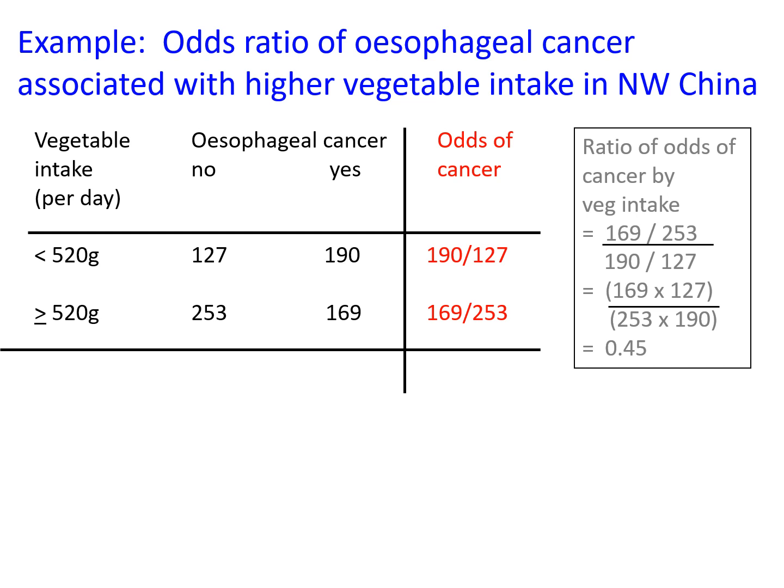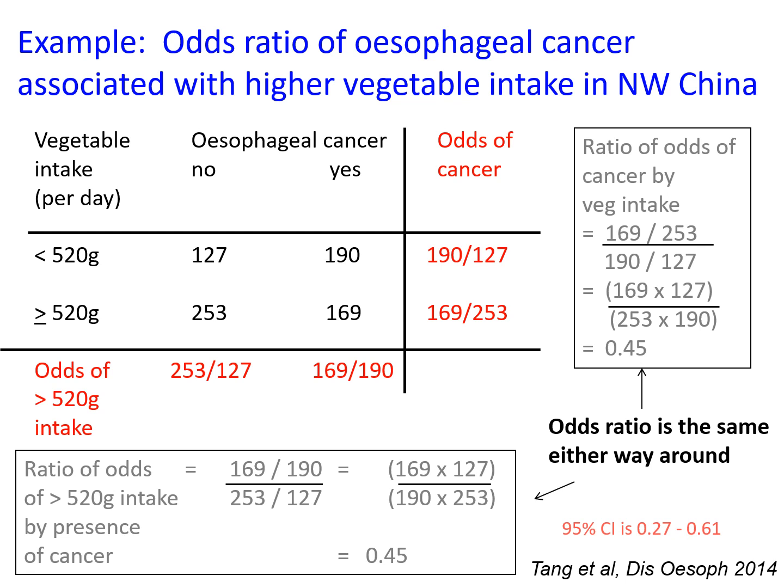So we have the two odds, and now we want the ratio of the odds. You calculate the ratio of the odds in those with the exposure, which is high vegetable intake, divided by the odds in those without the exposure, low vegetable intake. You can see the calculation there, it comes to 0.45. So the 0.45 is the odds ratio of esophageal cancer in people who had high vegetable intake.